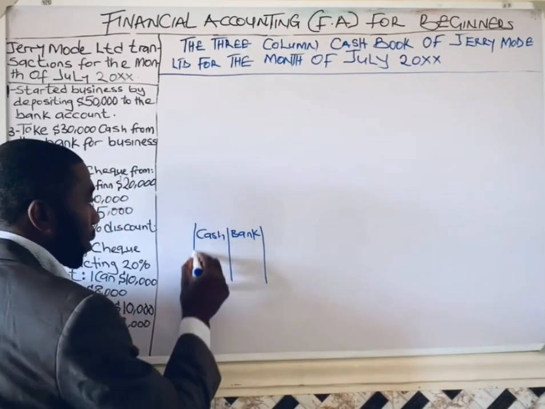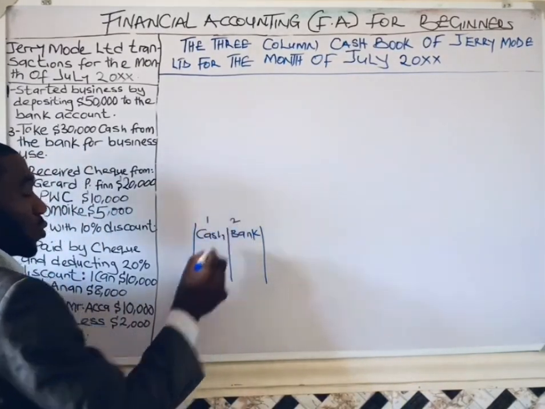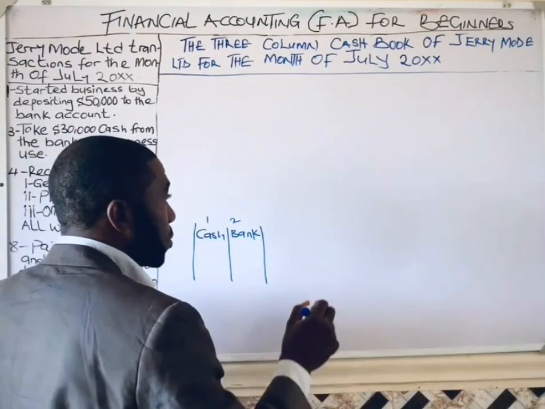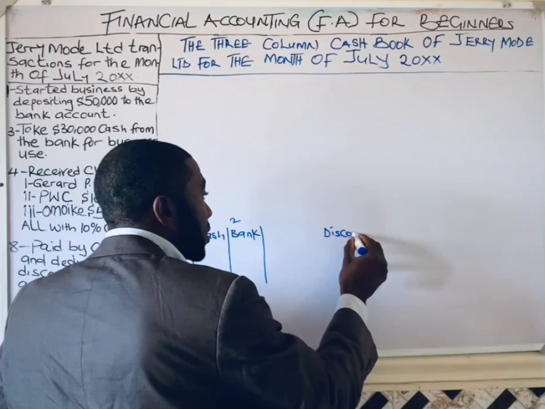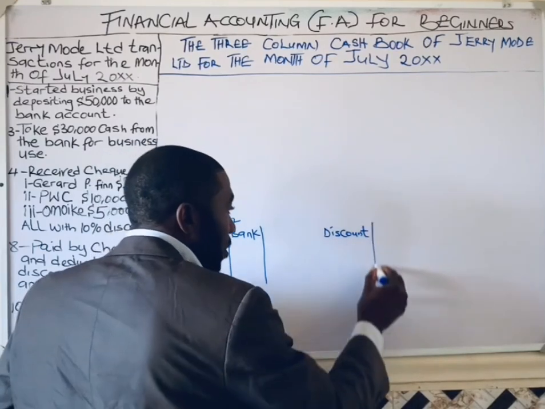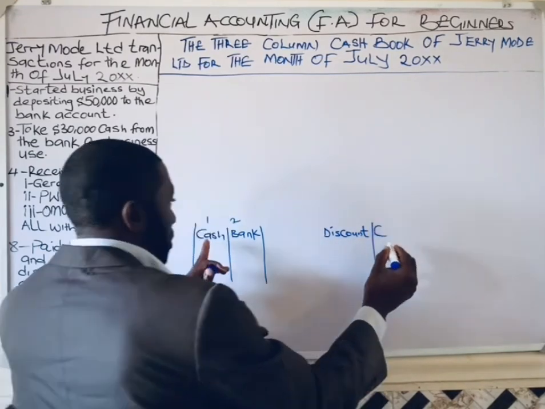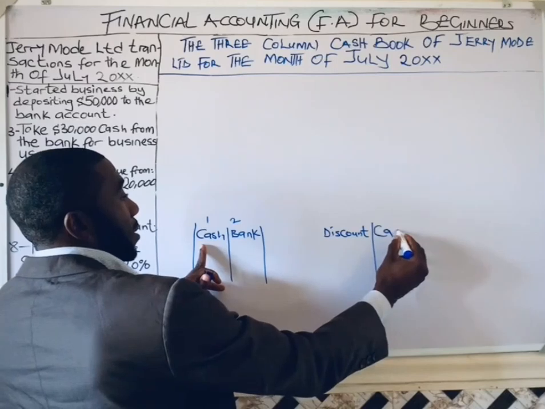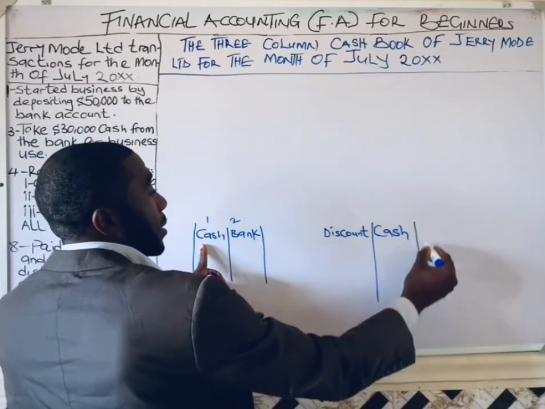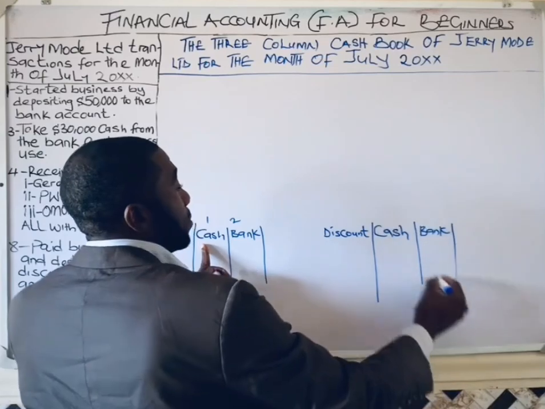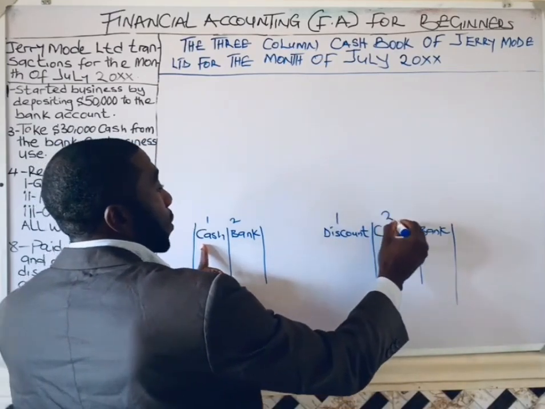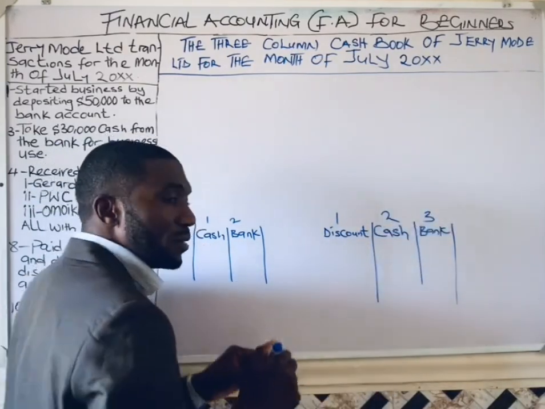This is the two column cash book. For the three column cash book, you add discount, then cash and bank. So it makes it a three column cash book. That is the only difference.